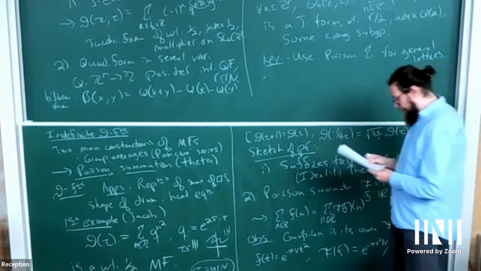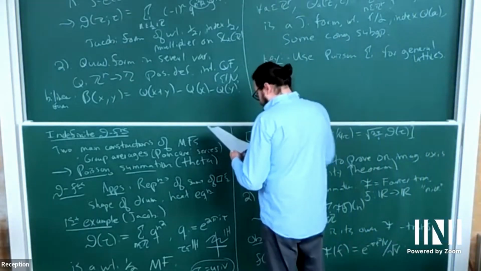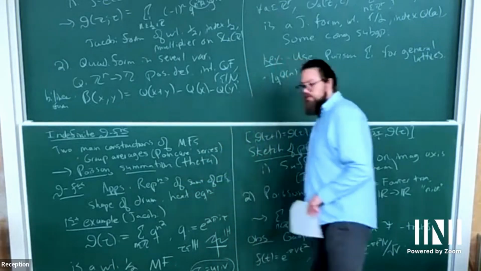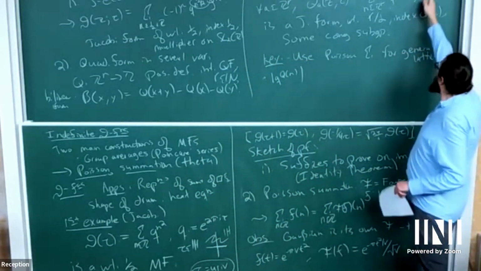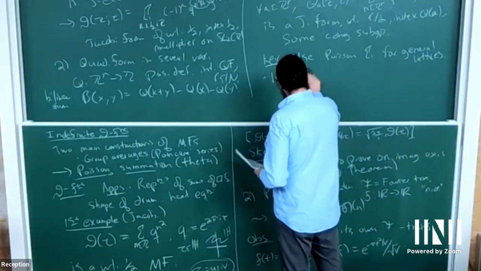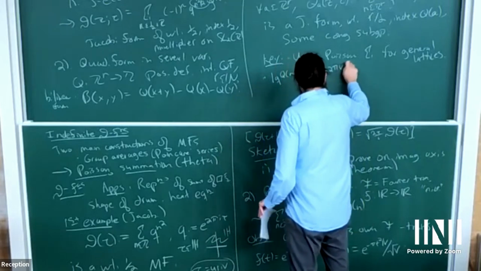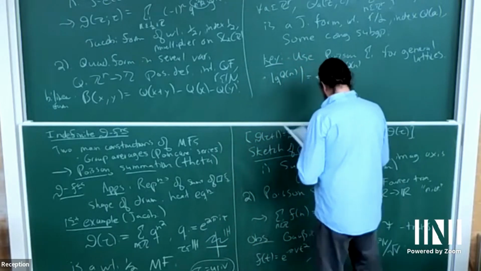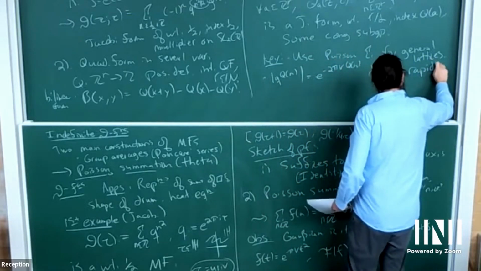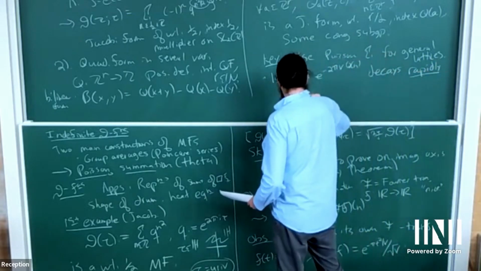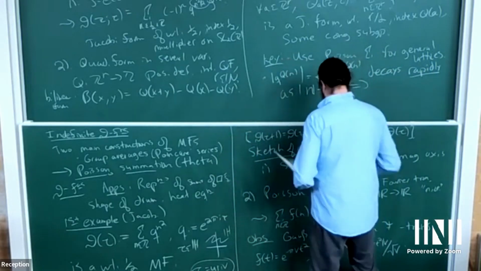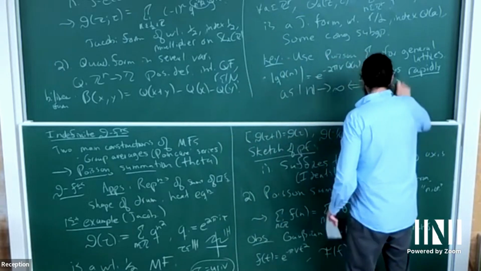All right, so that's one thing, and obviously you always have to worry about convergence and absolute convergence. Why do we say it's positive definite? Well, what's the size of a typical term, the absolute value of e to the minus 2 pi v q of n? This decays rapidly as the absolute value of n goes to infinity, because q of n is positive definite.